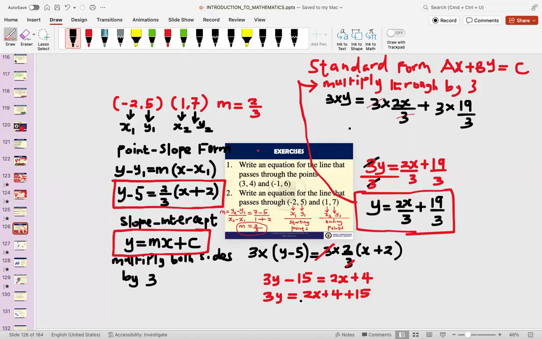So finally, it reduces to 3y is equal to 2x. This 3 will also cancel this 3 plus 19. From the standard form, the x and the y are supposed to be on the same side. So therefore, we can say 3y, this 2x will have to come, minus 2x is equal to 19.